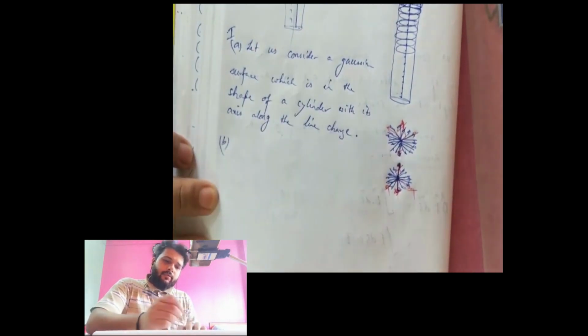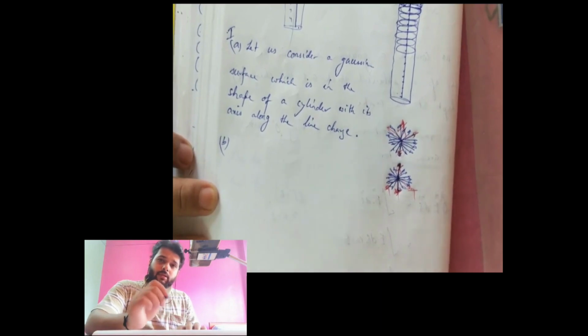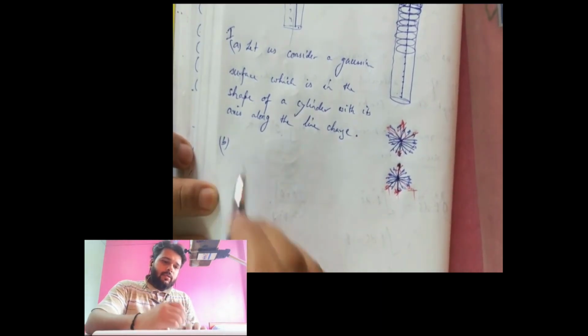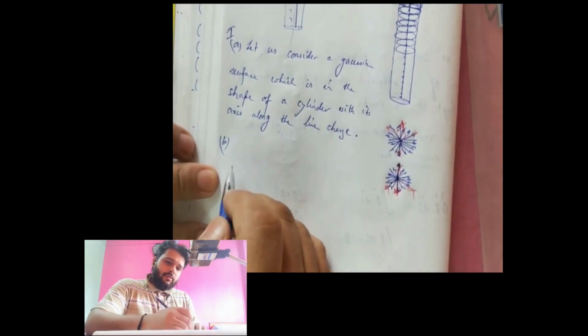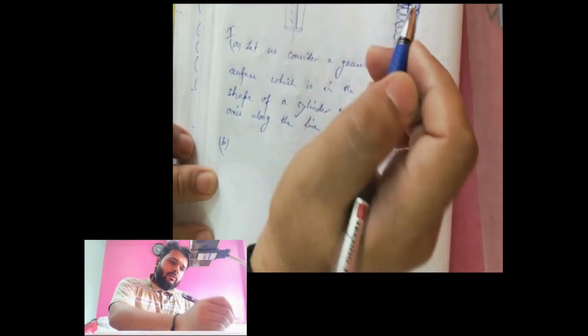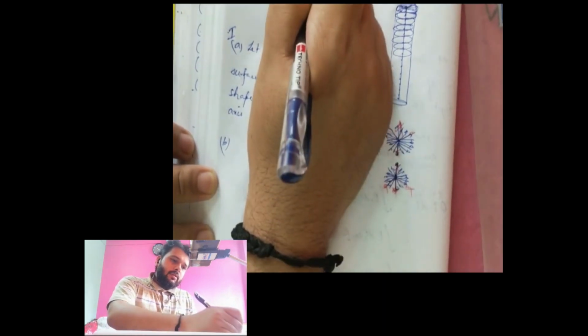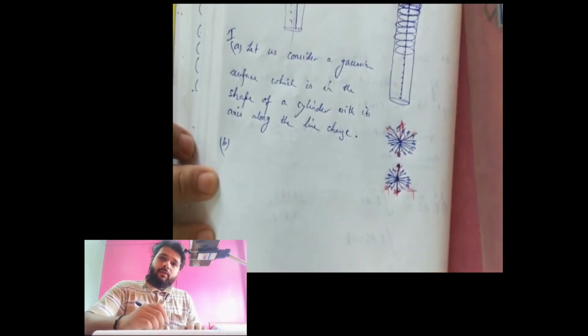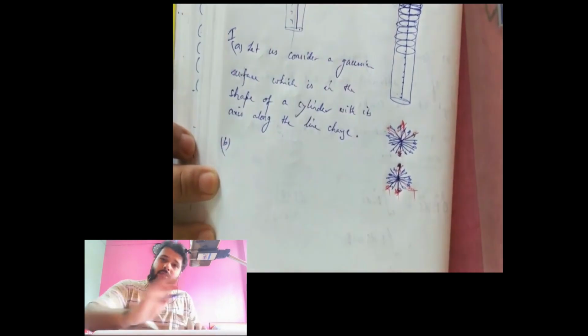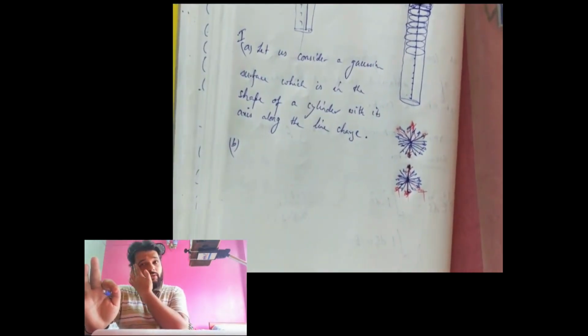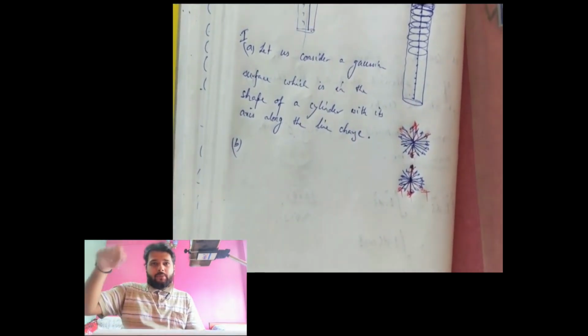Next, the second part, we have to specify E at each point. Okay, so just remember here, there are three surfaces in a cylinder, as I've told you all before also. There is a top surface.